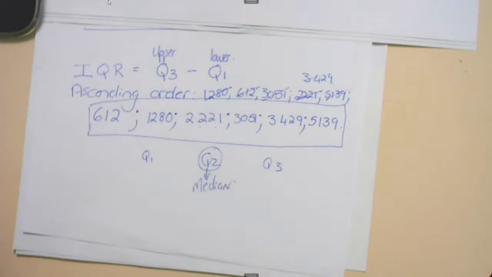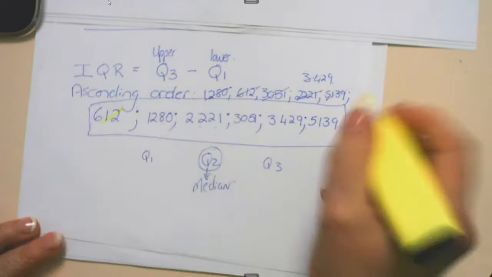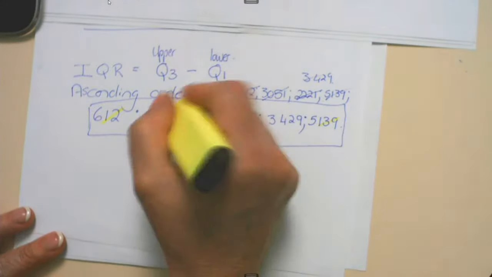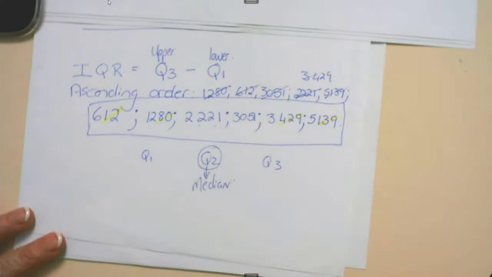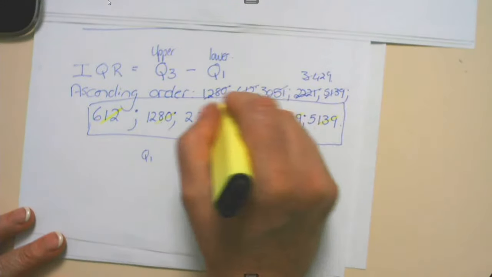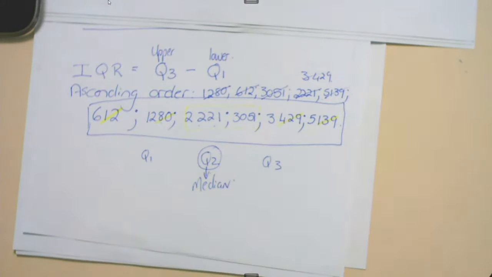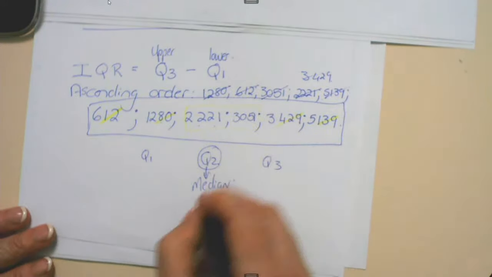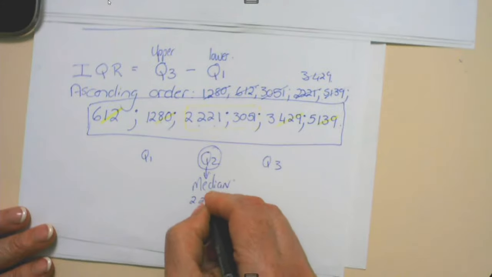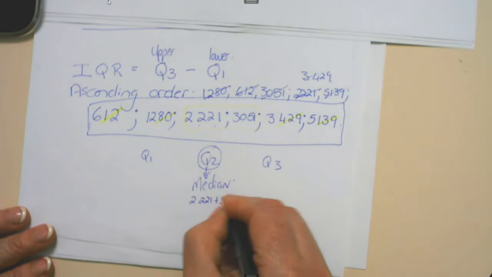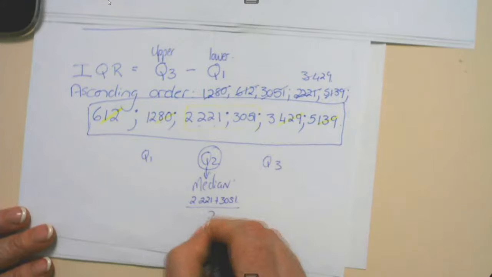One way in which you can do it is by simply scratching the first number and the last number. Then the first number and the last number. And then you will see I'm left with two numbers in the middle. So to get the median, I'm going to have to say 2221 plus 3051 divided by 2.